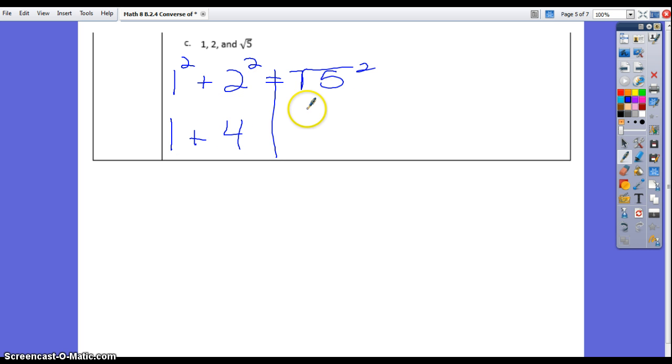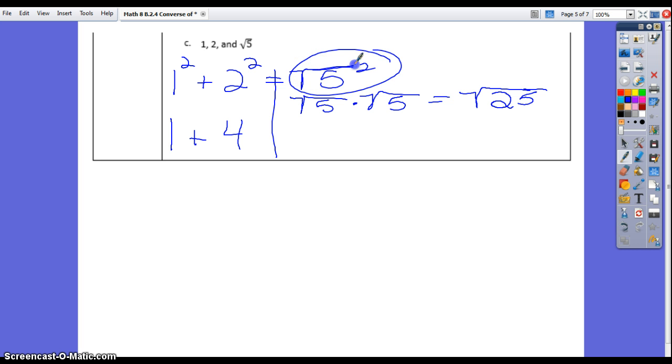Well, this is the square root of 5 times the square root of 5, right? Because it's squared. What does that equal? The square root of 25. Is that a perfect square? Yeah. What's the square root? 5. So basically, when you see this and it's squared, what is the square root of 5 squared? 5.